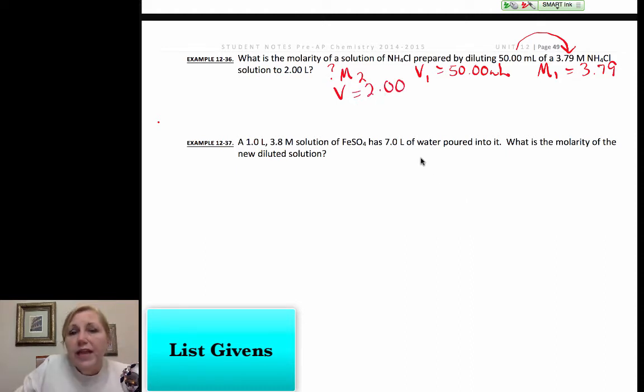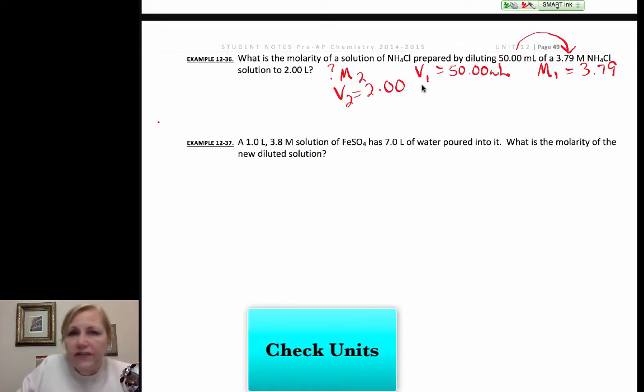Okay, so now if you list your givens, you start seeing that you have 2 volumes, 2 molarities, VUM. Okay, if you add volume to volume, you VUM. Now, the only thing you have to do here is list your givens, check your units. Volumes have to be the same units, so you have to convert one or the other. It doesn't matter which one you do.